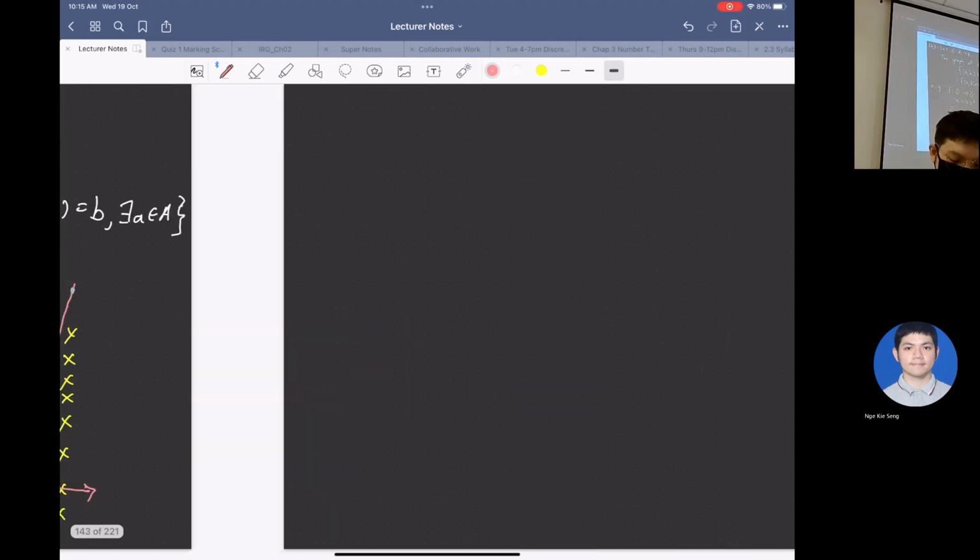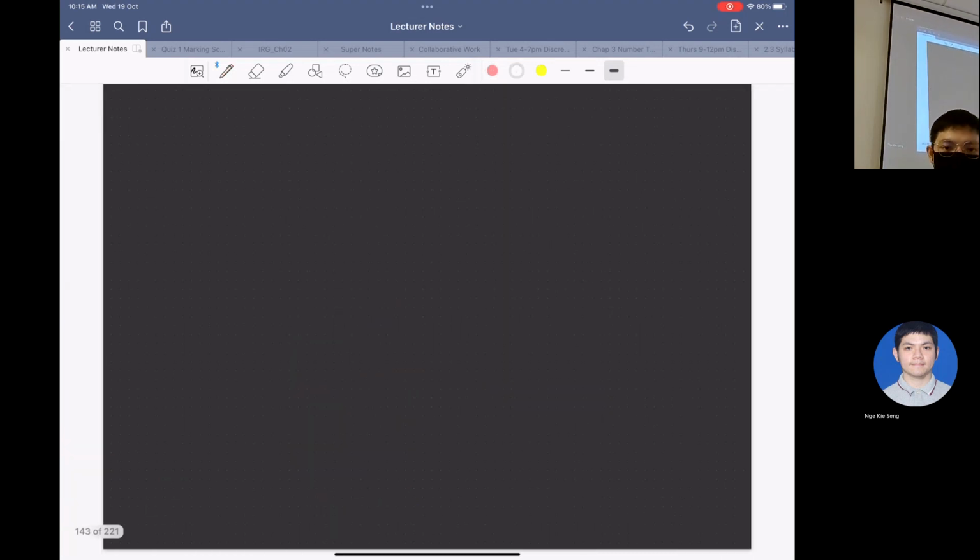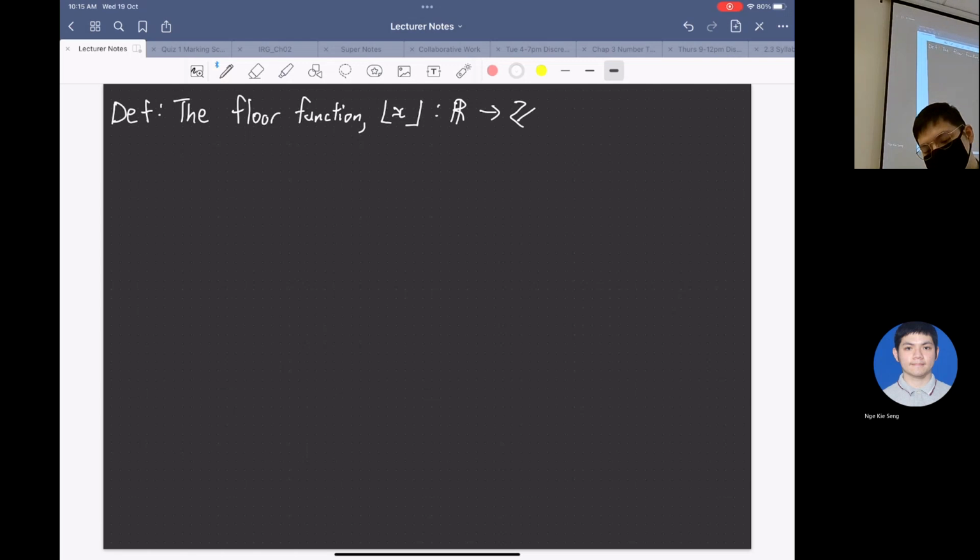Okay, next we define some special functions, which I think are useful for you guys. First we define the floor function. A floor function is a function from R to Z. How is it defined?